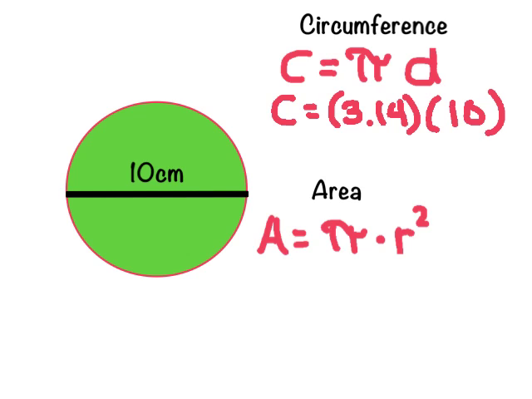And when I multiply 3.14 times 10, my circumference ends up being 31.4, or 31 and 4/10 centimeters. And again, that's the distance around the circle.